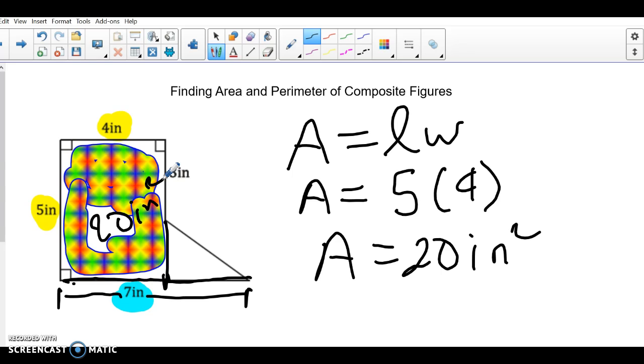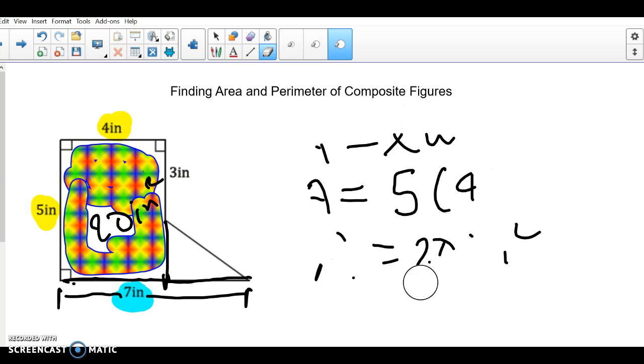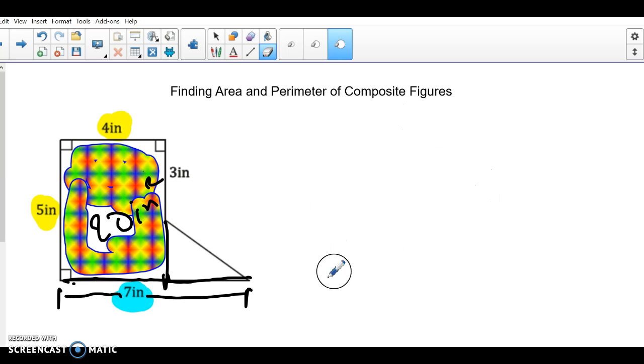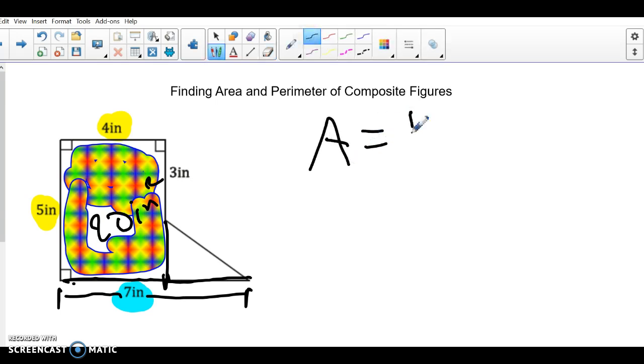So now we have to figure out the area of that triangle. To do that, we just use our area formula for a triangle. So area is equal to 1/2 the base of the triangle times the height of the triangle. Now, this is where things get a little interesting, because if we look just at the triangle, we don't see any number here, there's no number there, and there's no number there.